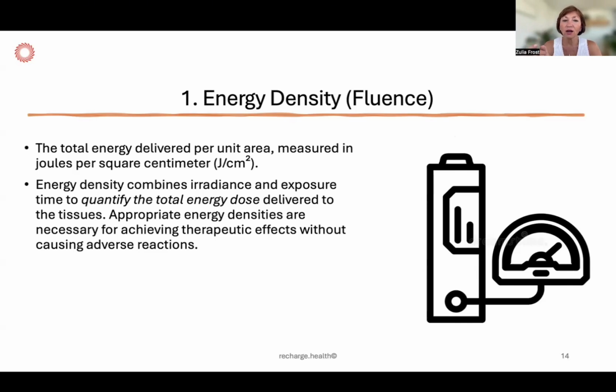To quantify the total energy dose delivered into the tissue, appropriate energy densities are necessary for achieving therapeutic effects without causing adverse reactions. And this is super, super, super important. I cannot stress how important this is, because if you don't get the energy density right, or saturation with photons, you're not going to have a therapeutic effect.